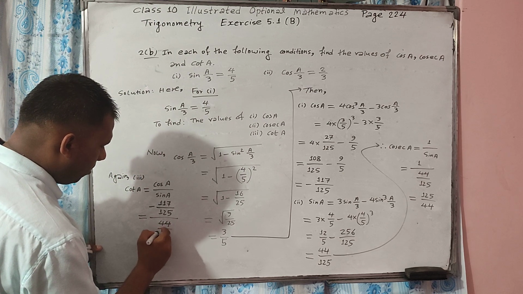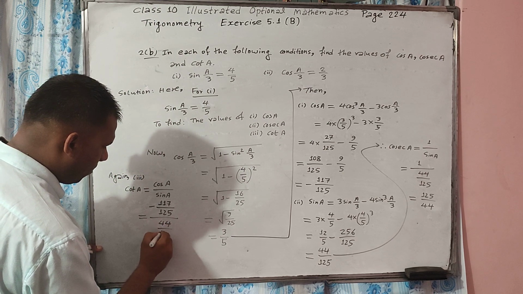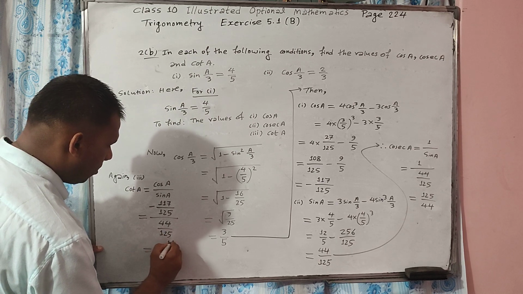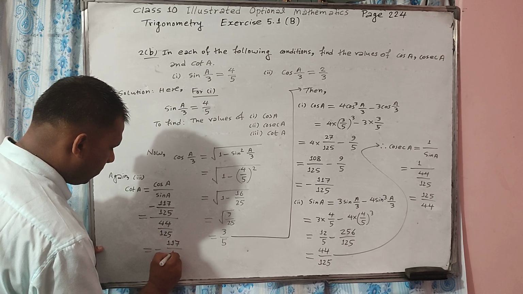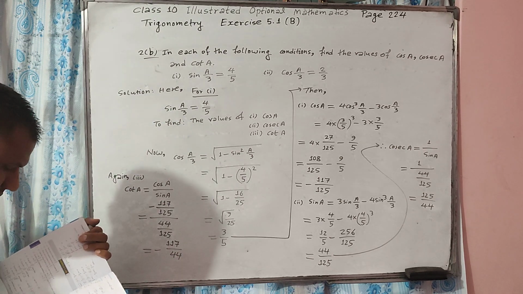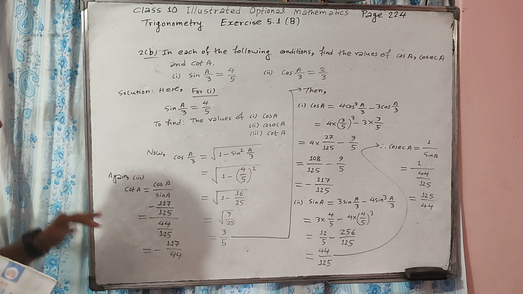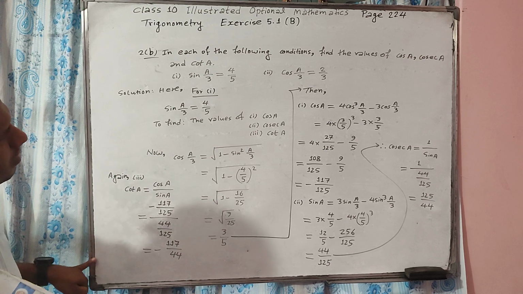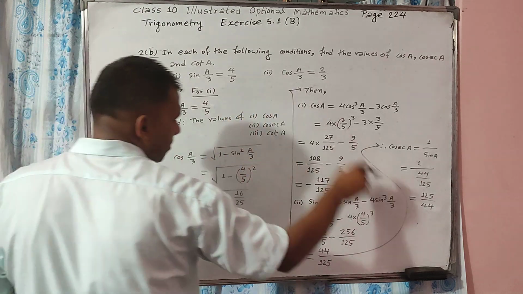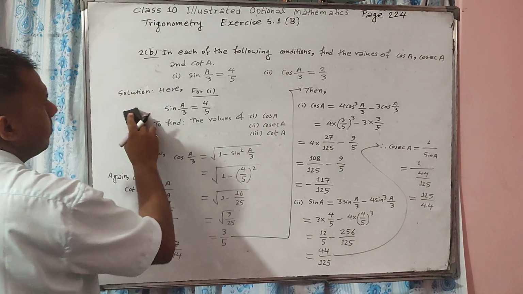This equals minus 117 upon 44. This is the value of cot A. Now we have completed the first part. Again, the second part remains. Let's do the second part.